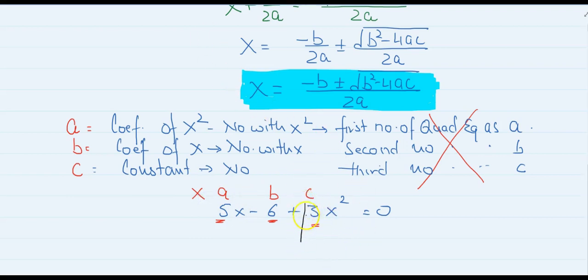This one is with the x², so this is A. This one is with the x, so this is B, and this is the independent term, so this is C. That's how we find A, B and C in a quadratic equation.